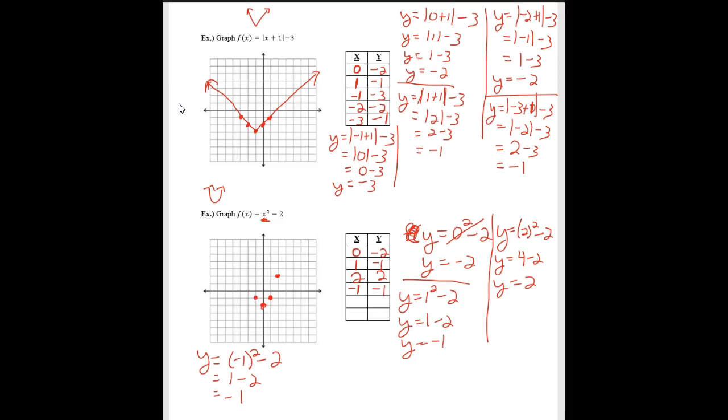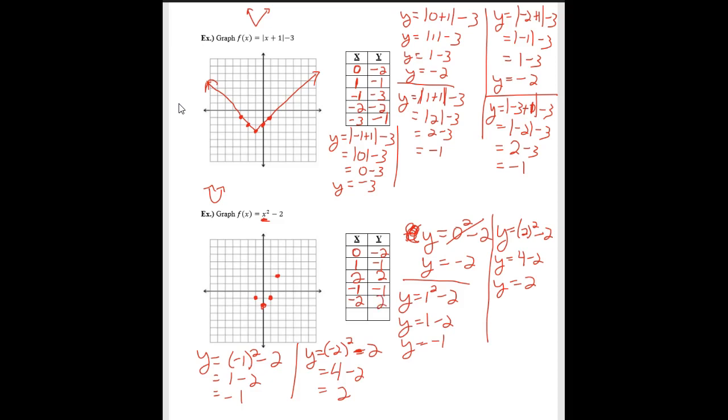And lastly, I want to pick another. Let's do -2. Replacing x with -2. Oops, and squaring it and subtracting 2. -2 times -2 is +4. +4 minus 2 is +2.